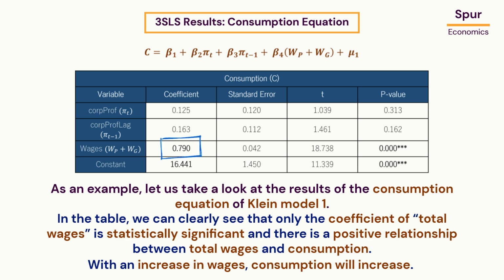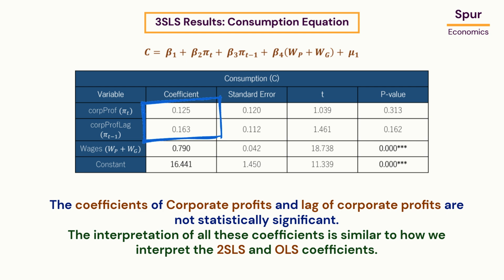In the table shown here, we can clearly see that only the coefficient of total wages is statistically significant, and there is a positive relationship between total wages and consumption. With an increase in wages, consumption will increase. The coefficients of corporate profits and lag of corporate profits are not statistically significant. The interpretation of all these coefficients is similar to how we interpret the 2SLS and OLS coefficients.